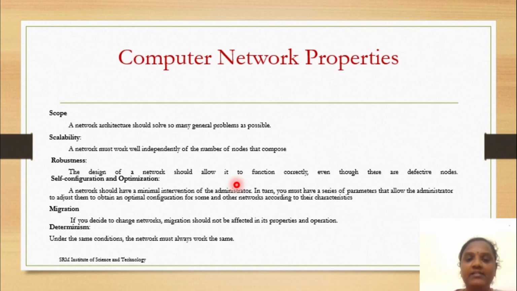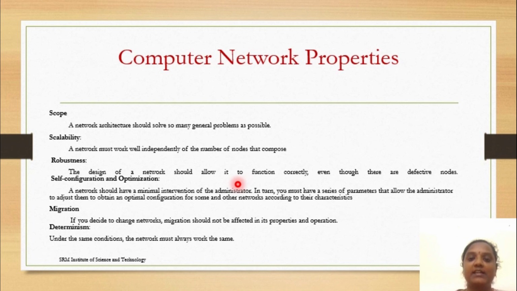Since you are connecting the internet network for personal purposes, it should help to solve whatever problems arise. More problems should be solved with that computer network. Ultimately we expect that whatever possibilities are there in the network, we want to use them. So that is the scope.